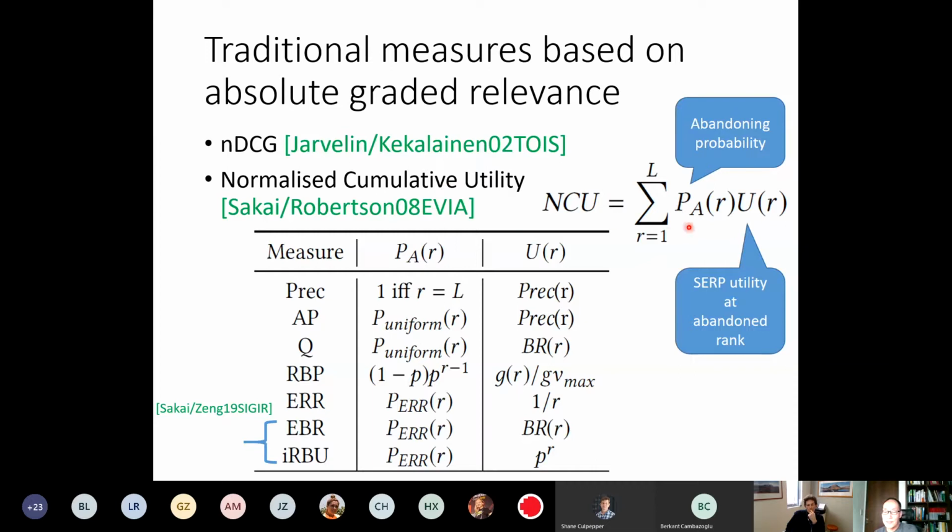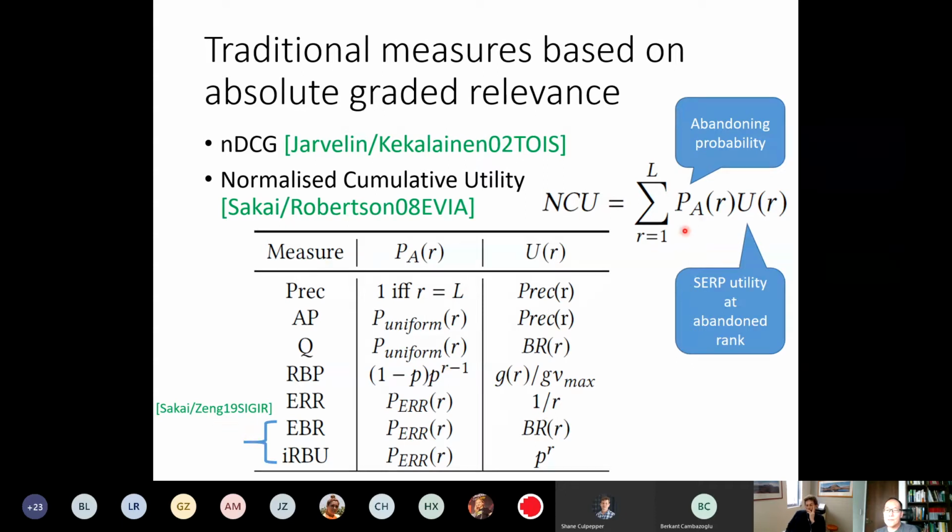So this is the general formula for normalized cumulative utility. This covers several different measures, for example, precision, average precision, my measure called Q measure, RBP, and expected reciprocal rank. And these are something new that I discussed in last year's SIGIR paper.